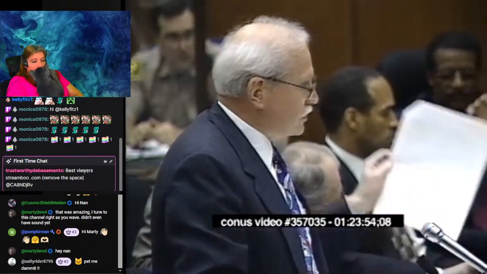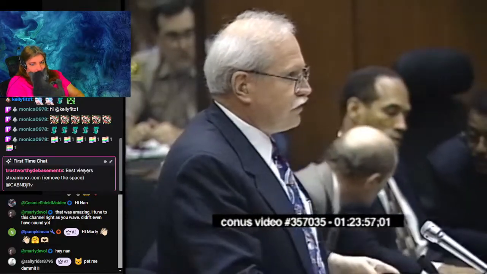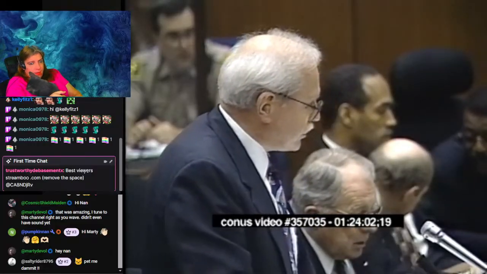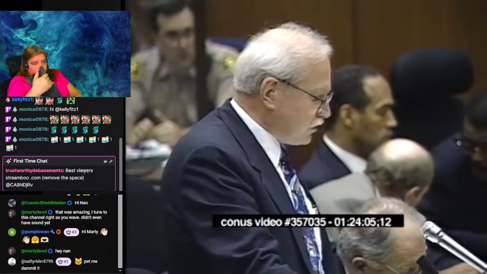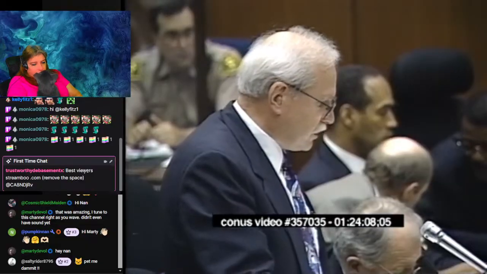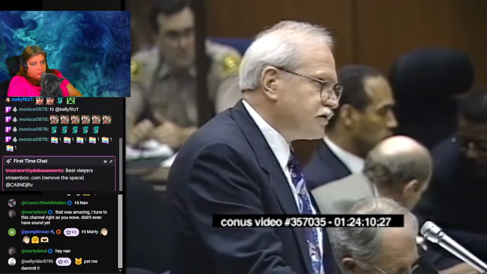But the problem, of course, is that what is represented in this brief misrepresents the testimony of the nurse. It's asserted here that the defense will never be able to establish a sufficient foundation for Nurse Paratus to testify to the amount of blood drawn from the defendant.